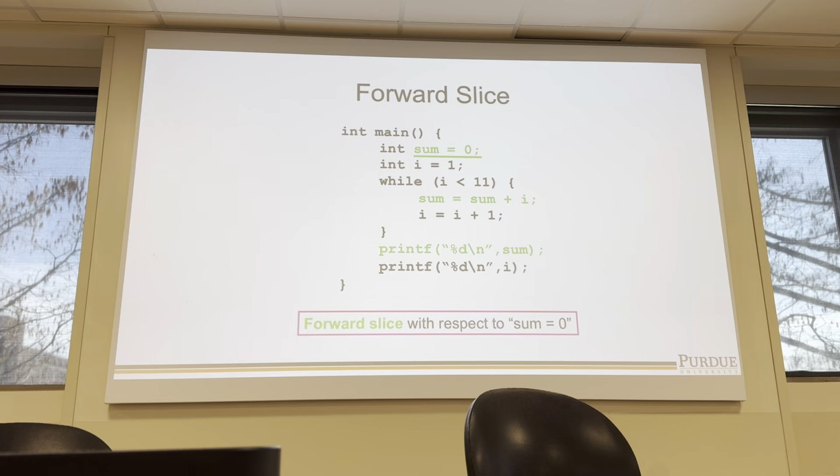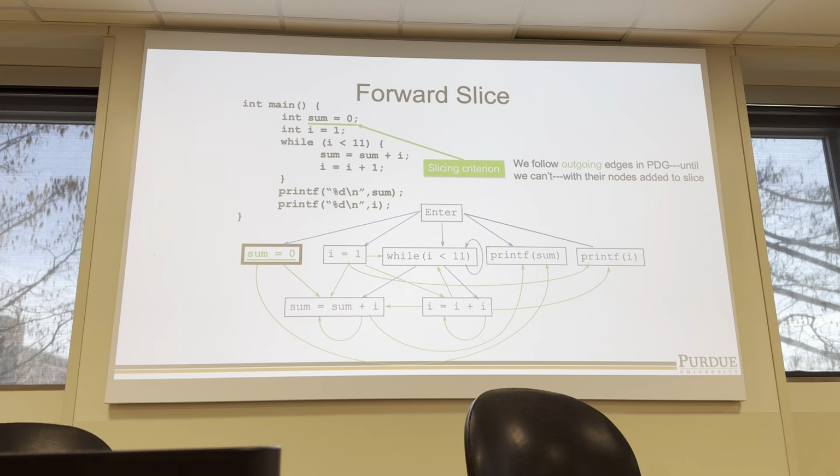That's technically a backward traversal, right? This time we do the forward traversal. Rather than following the incoming edges, we follow the regular directions, the outgoing edges. And still, you do this again and again until you can go no further. This is recursive, the forward edge traversal of program dependence.